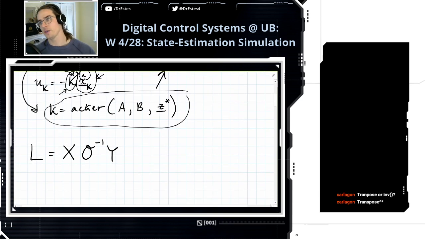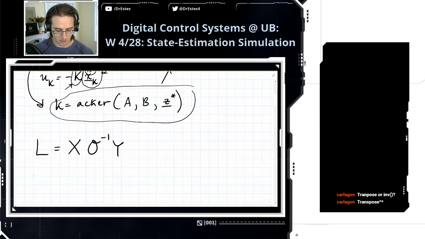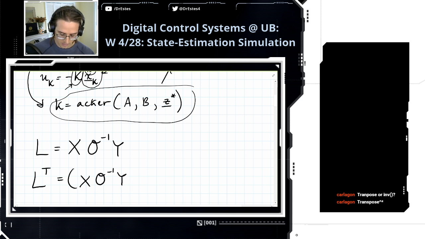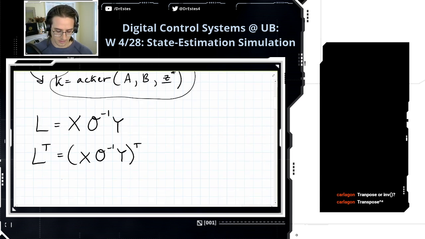Okay, here's some linear algebra, some little nice tidbits that you may or may not know. What if we take the transpose of this? So now I have to take the transpose of the right-hand side. Take the transpose of both sides. Here's a little linear algebra info.